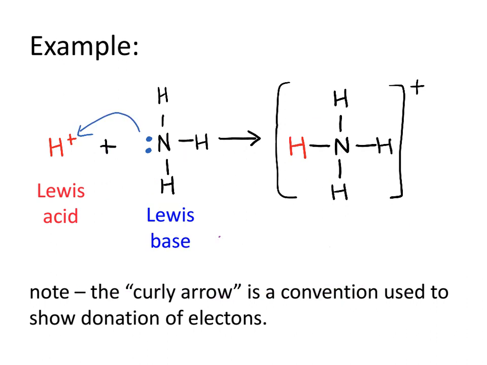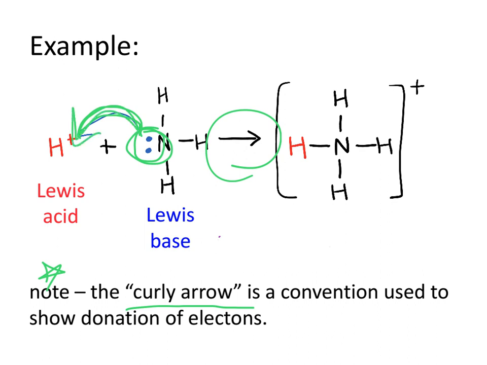One last little thing I want to mention is this little note on the bottom of what they're calling a curly arrow. Just basically don't draw a straight arrow, because that's what we use for reactants and products, right? Like the whole forward reverse reaction thing. But basically I was always taught to circle the electrons that move and then make some kind of curved arrow to show where they go.